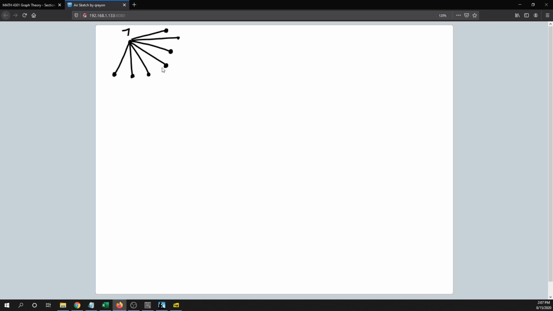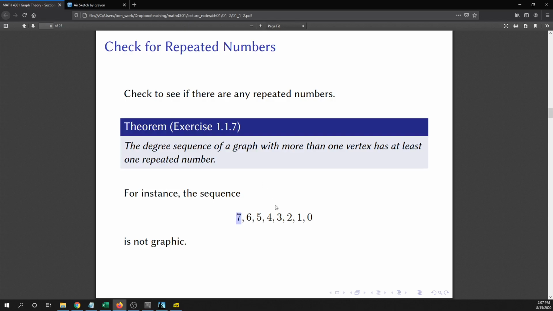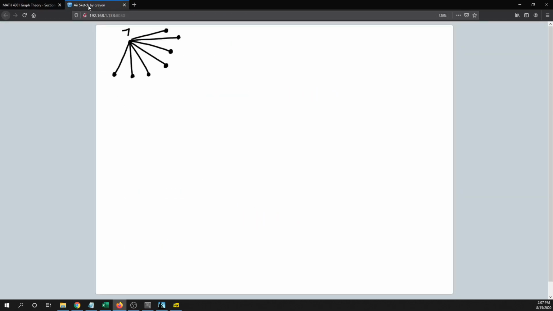So there are 7 other vertices coming out of it. All right, and so now if you look at the other numbers in the degree sequence, it's 6, 5, 4, 3, 2, 1, and 0, right? So, this one might be the one with 6, and there's some other vertices coming out of it, which I'm not going to draw all of them.